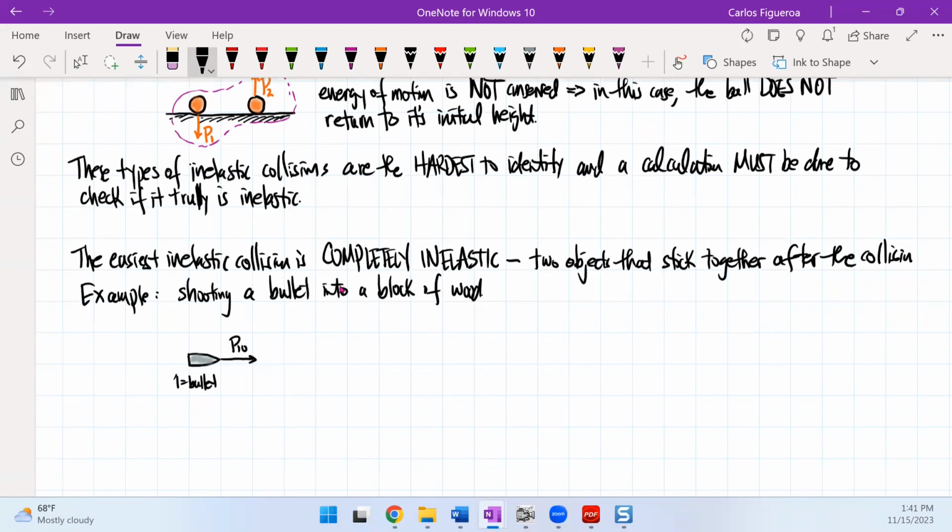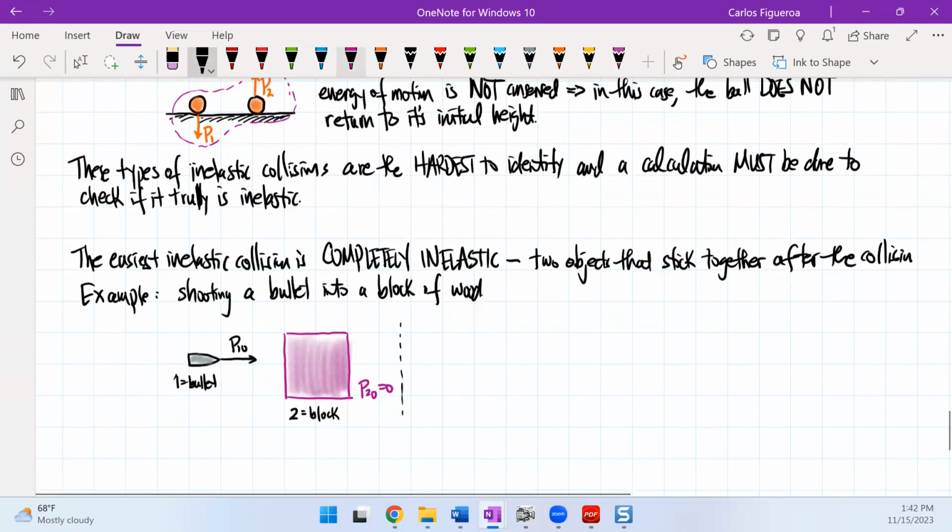And then I have a block, and in this case, let's say that this block is at rest. And so this here too will then be the block of wood. So then before and after the collision, the bullet now embeds itself into the block.